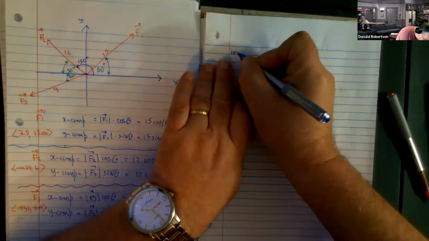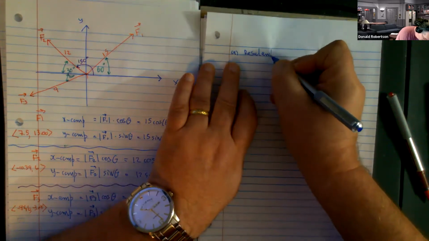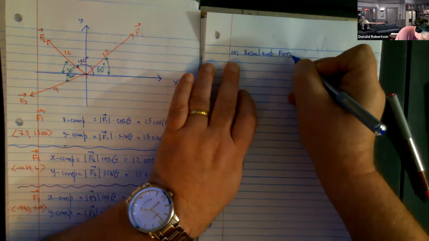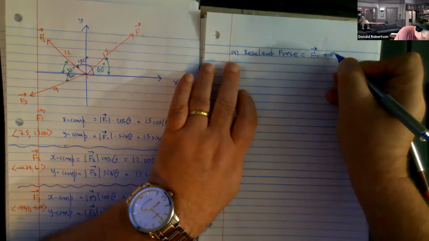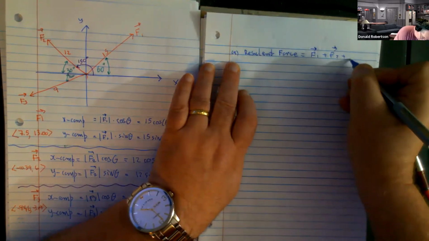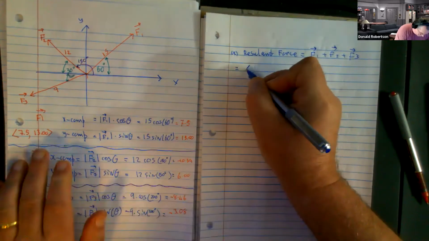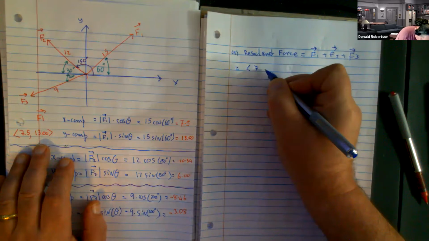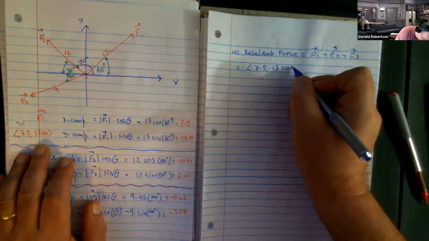Answer A wants us to do the resultant force, which is basically what you get when you add all three forces together. So that is going to be 7.513.